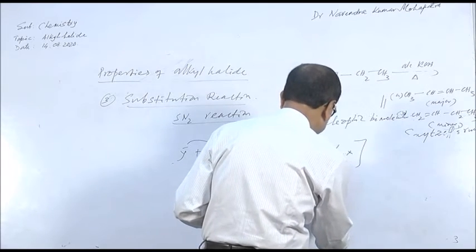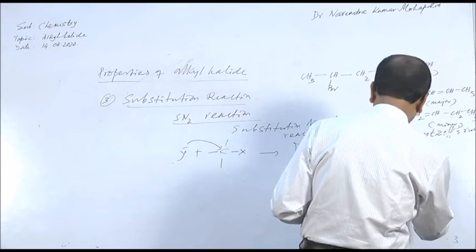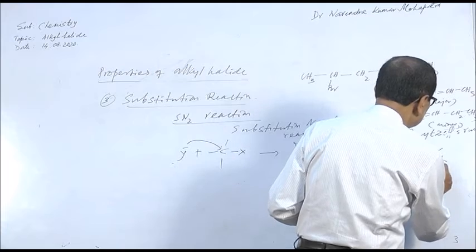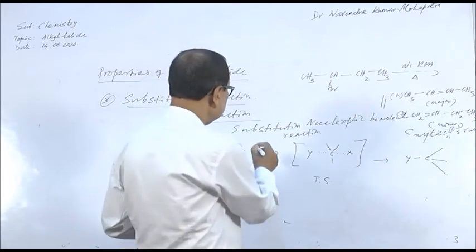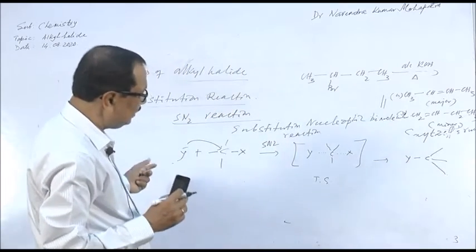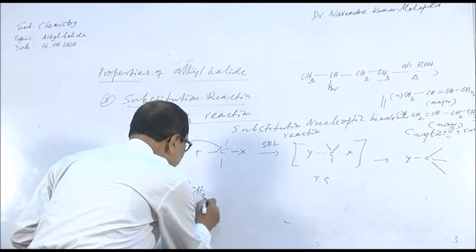This is called the transition state, and finally we get a product where inversion of configuration occurs. This is called an inversion of configuration reaction, and the reaction is SN2. So usually primary alkyl halide gives this type of reaction.